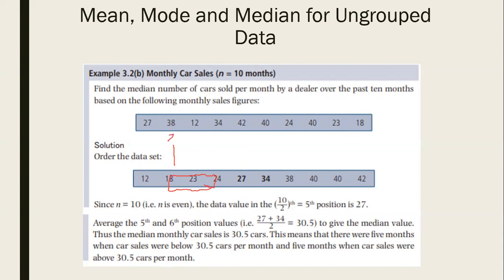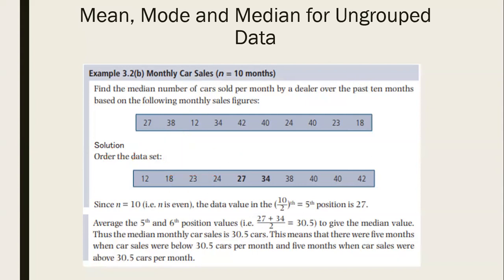So 30.5 is here. It means that there are 5 values before 30.5, and how many values after? It's 1, 2, 3, 4, 5. So 30.5 becomes the median, because it is the value that divides the set of data into 2 equal halves. How do you interpret this?